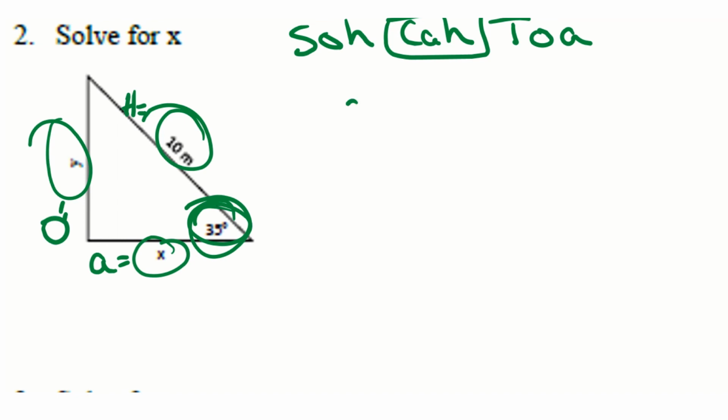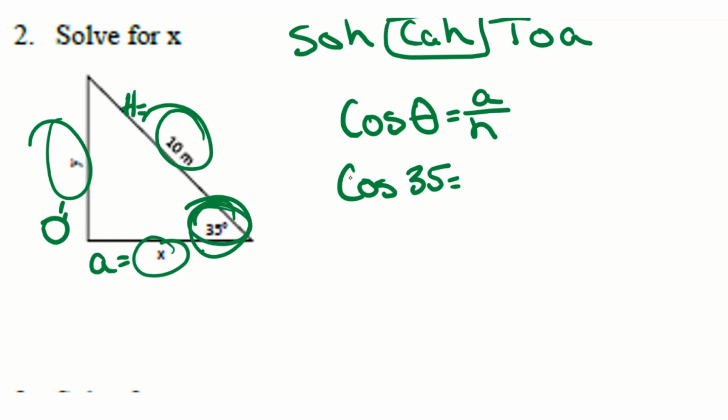So that would be cosine theta equals adjacent over hypotenuse. I know that my theta in this case is this angle, so that's cosine 35 equals, my adjacent would be the unknown x, the hypotenuse would be 10.